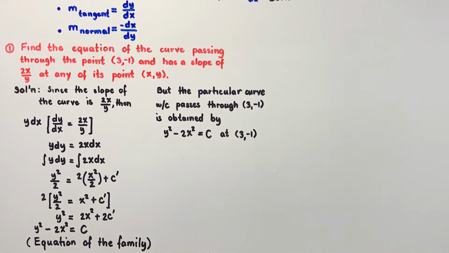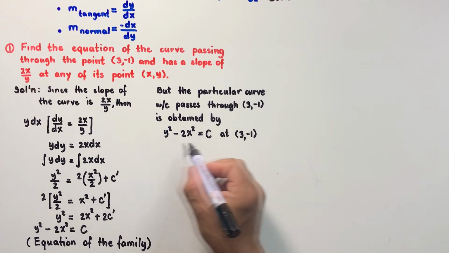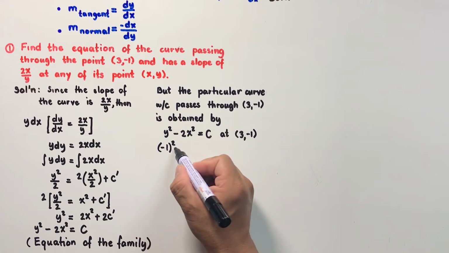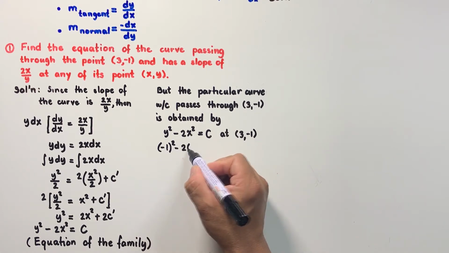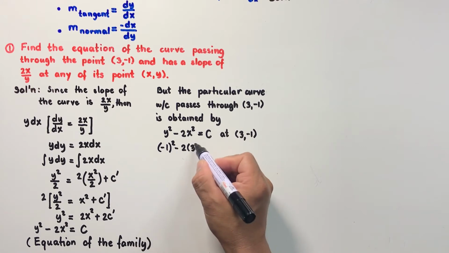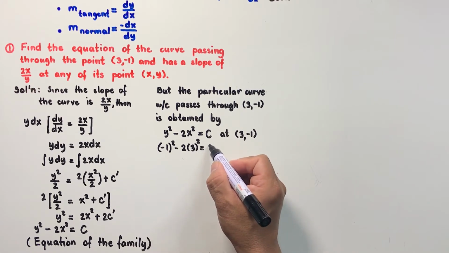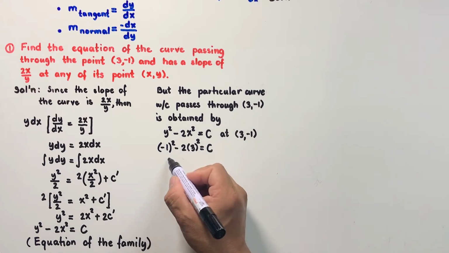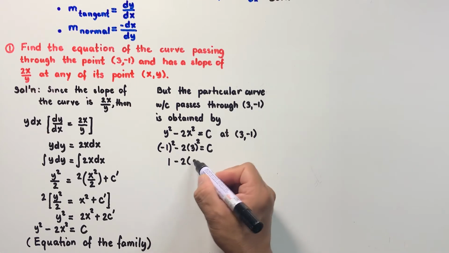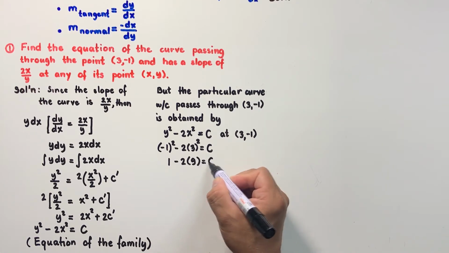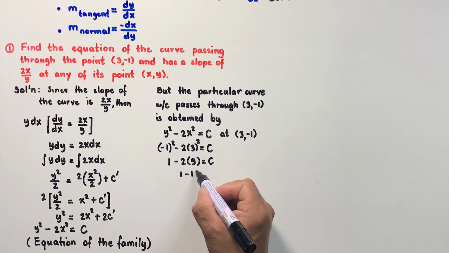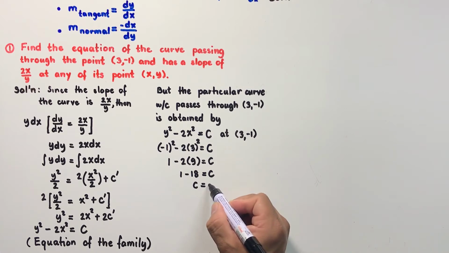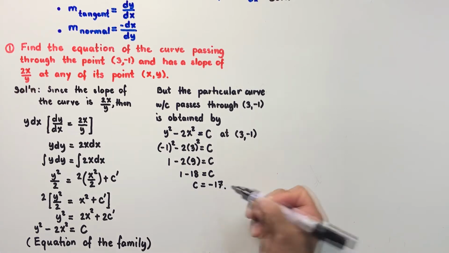And if we substitute our y, which is -1 here, we have (-1) squared minus 2 times the square of our x, which is 3 here. So we have 2 times 9, equated to the constant c. So we have 1 minus 2 times 9, and 2 times 9 is 18. So therefore, our c is just equal to -17 here.